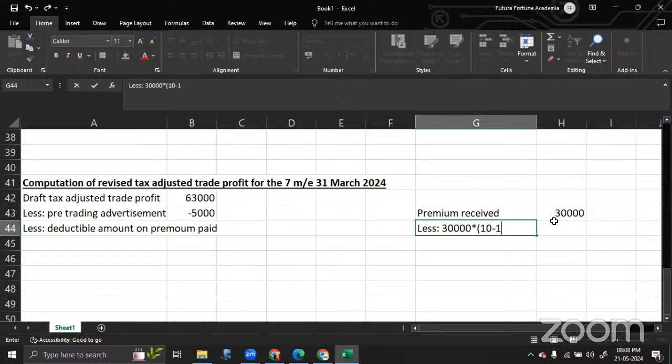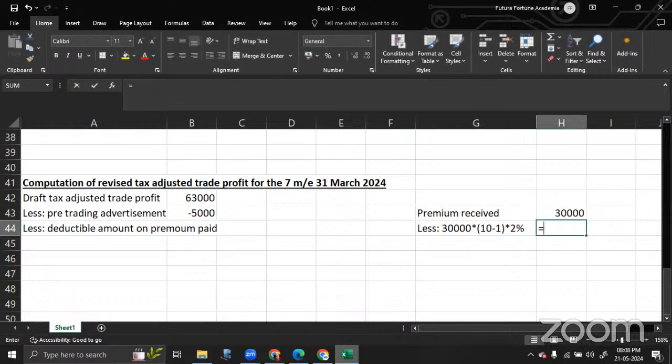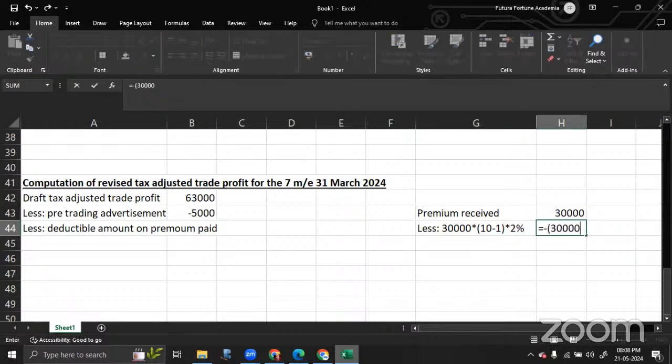So 10 minus 1 into 2%, which is 30,000 into (10 minus 1) into 2%.